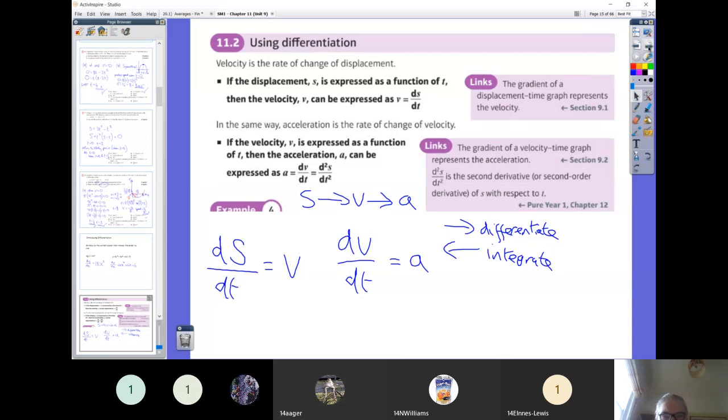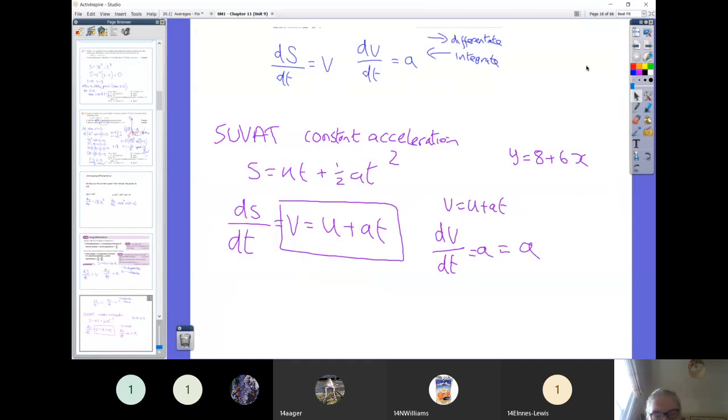It's nice to tie this in with SUVAT. SUVAT is when we've got constant acceleration, but this differentiating does still apply. I think I've run through this with you before, but it's a good opportunity to cover it again. From SUVAT, we know s equals ut plus half at squared. If we differentiate that, we do indeed get v equals u plus at.